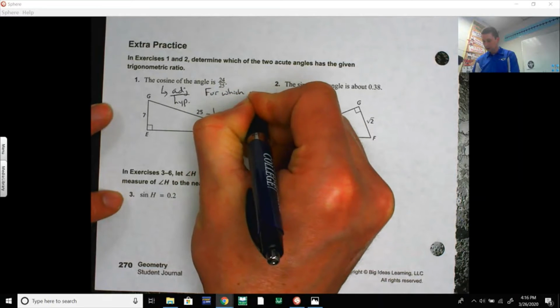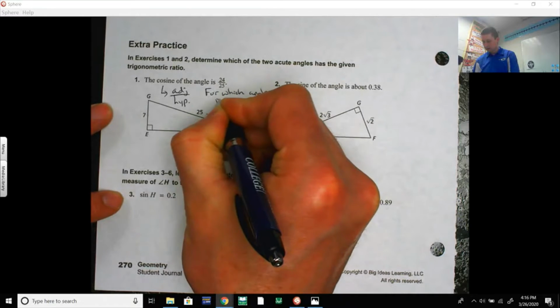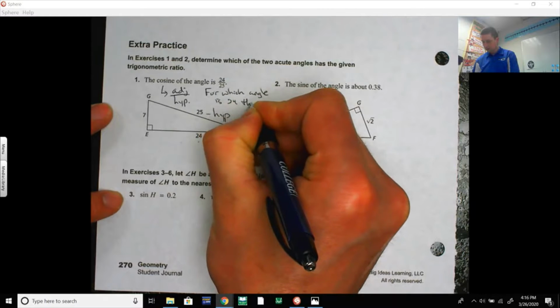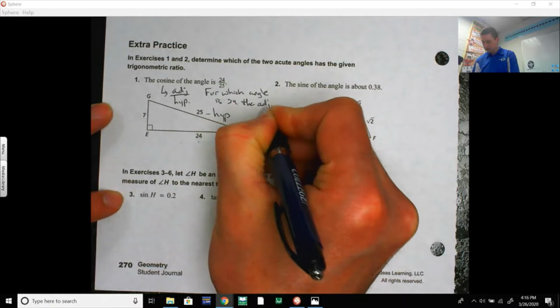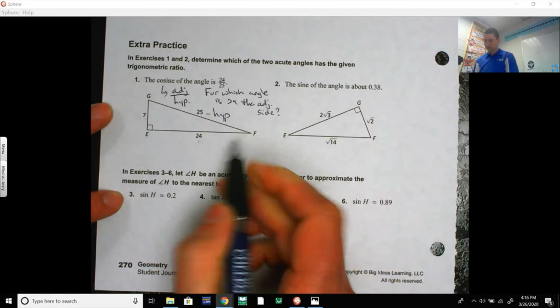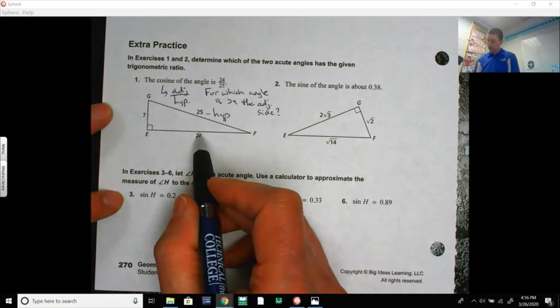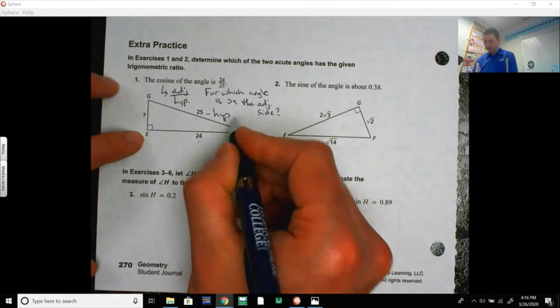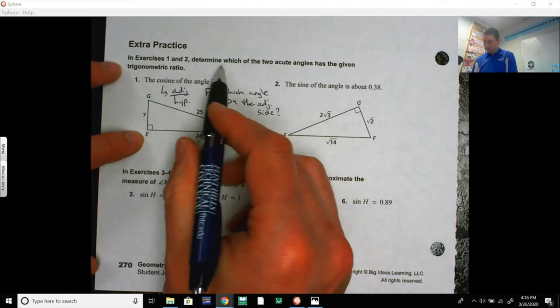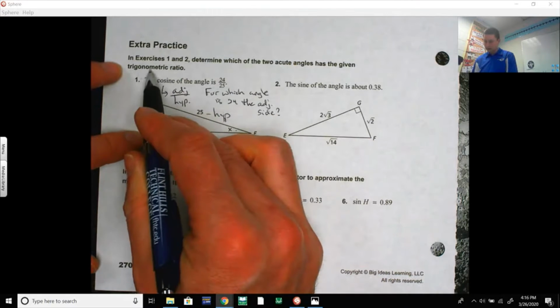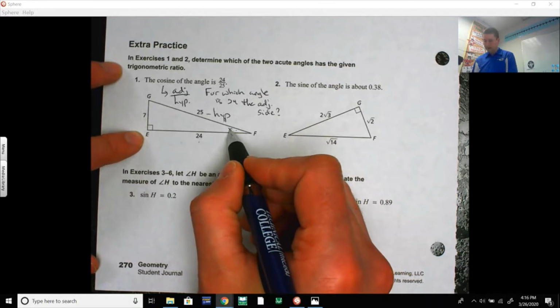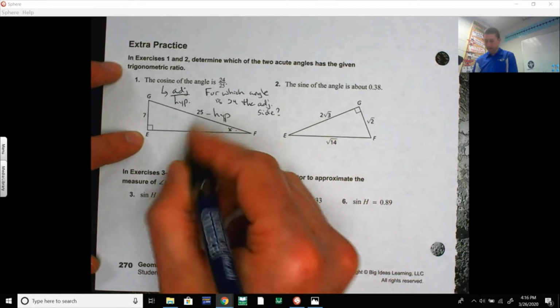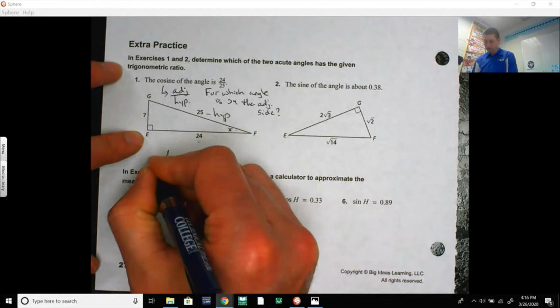For which angle is 24 the adjacent side? That's the key question here. So 24 is down here, which means angle F would be the one with the adjacent side. So which of the two acute angles has the given trigonometric ratio? F has a cosine of 24 over 25. So you'd say the measure of angle F.